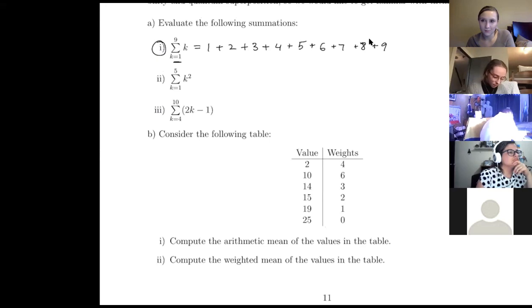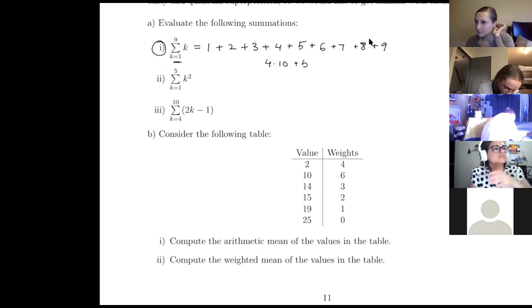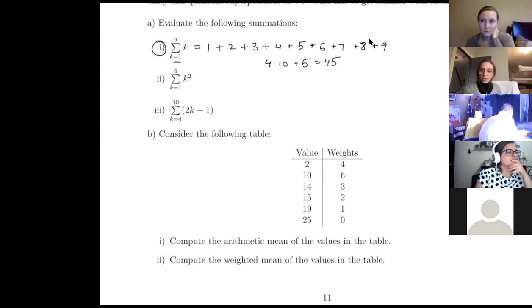I guess like a faster way to do this particular one is you see that you have 1 plus 9, which is 10, and then 2 plus 8, which is 10. And you have that 4 times. 4 times 10 plus 5 is 45. So it's going to be the same for each of these. You just figure out what this equation is for each value of k, and you add them.